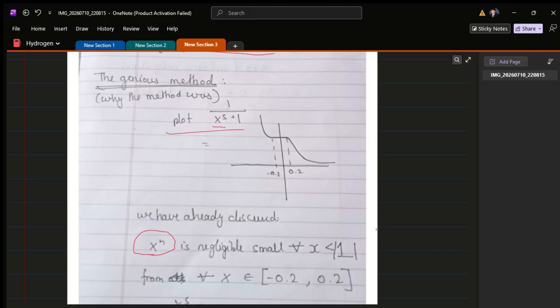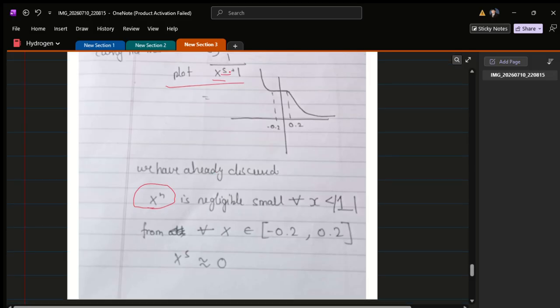It is going to be very small, and x to the power 5 is going to be very, very small, 0.000 something.